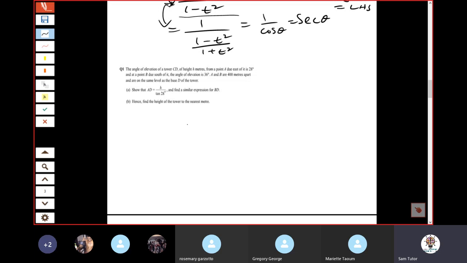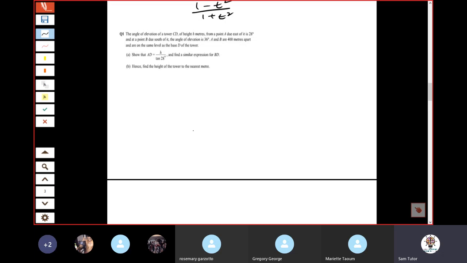The first trick I can tell you is how to actually draw your 3D triangles. The best way is to first draw a straight line. So that's going to be your vertical tower or cliff or whatever the question's going to be saying.